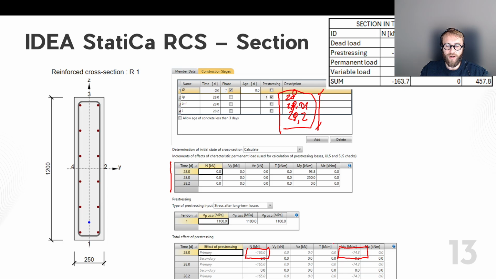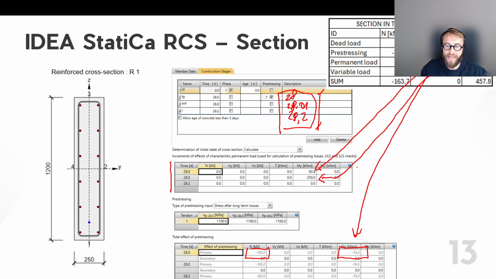You can see those are two internal forces coming from the primary effect of the pre-stressing. There are no secondary effects because this is a simply supported beam. As you can see, for example, this value is from the self weight, which I need to add as the first increment. Also, this value is projected here, and permanent is projected here.